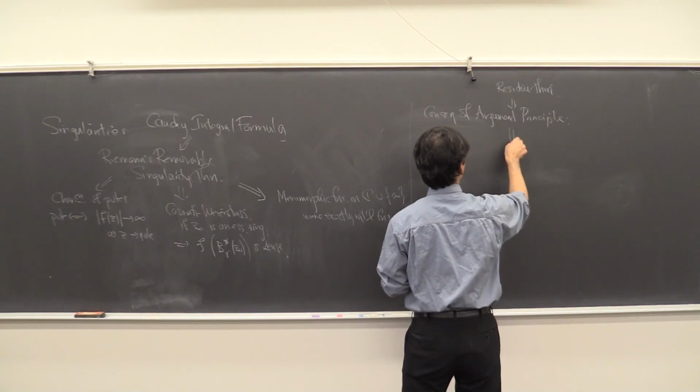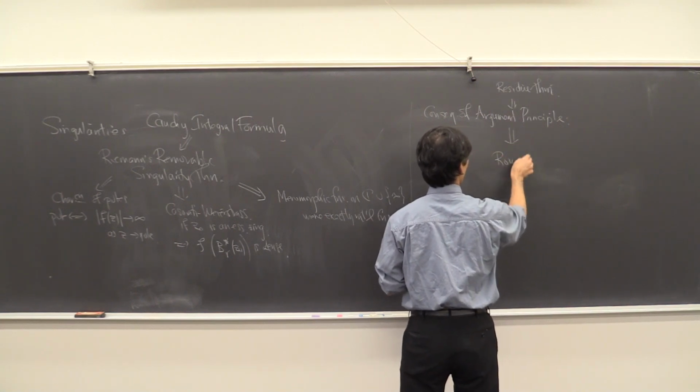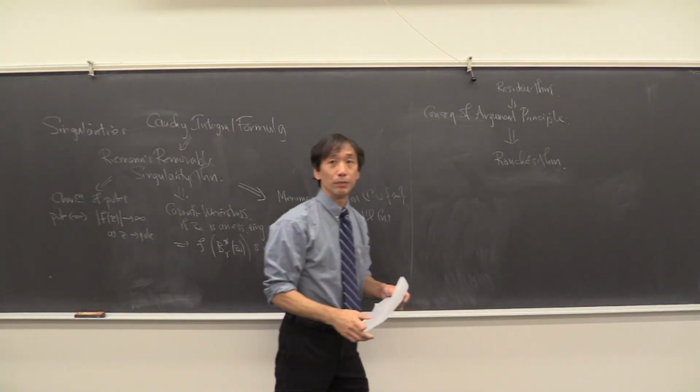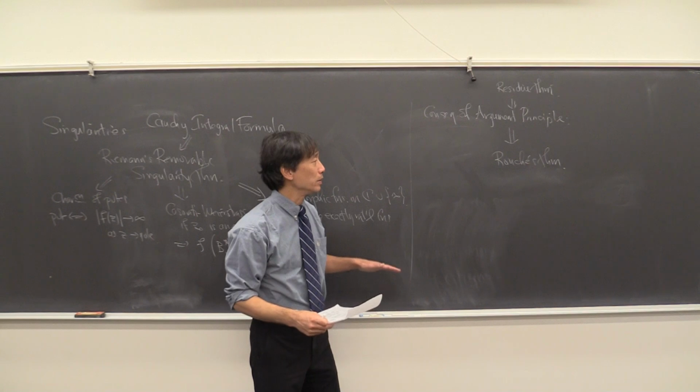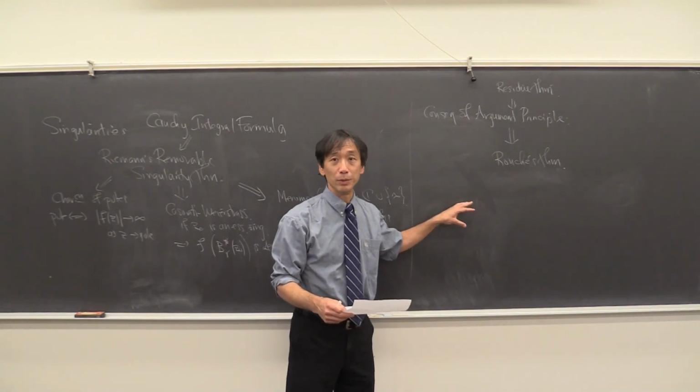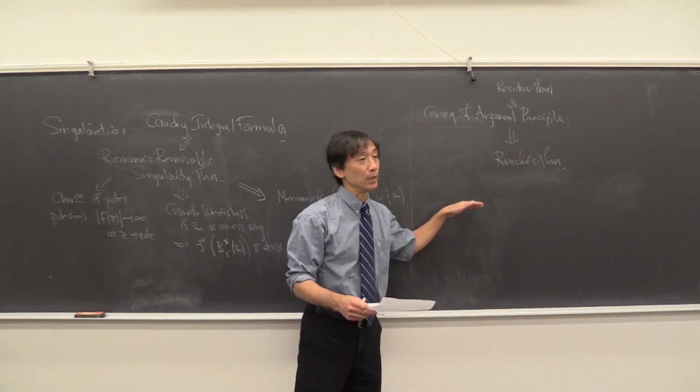The argument principle gives you Rouché's theorem. Remember, Rouché's theorem says that if you take a function and perturb it a little bit, then the number of zeros doesn't change.